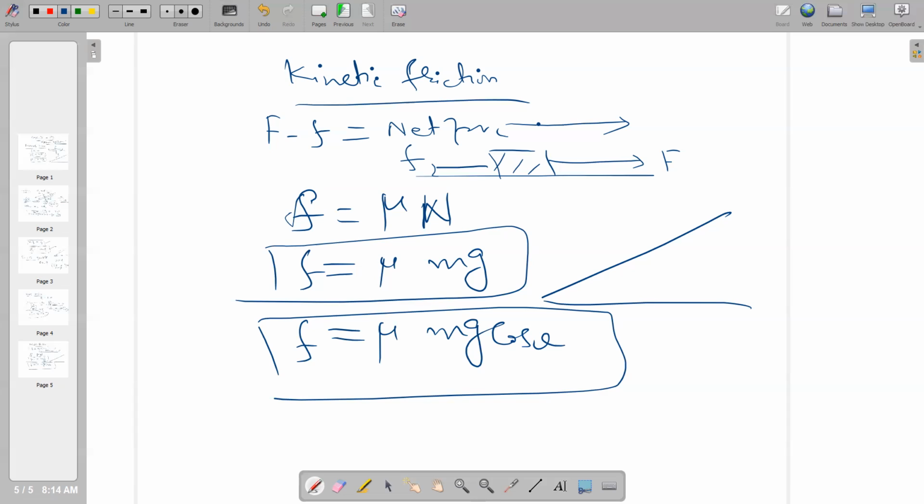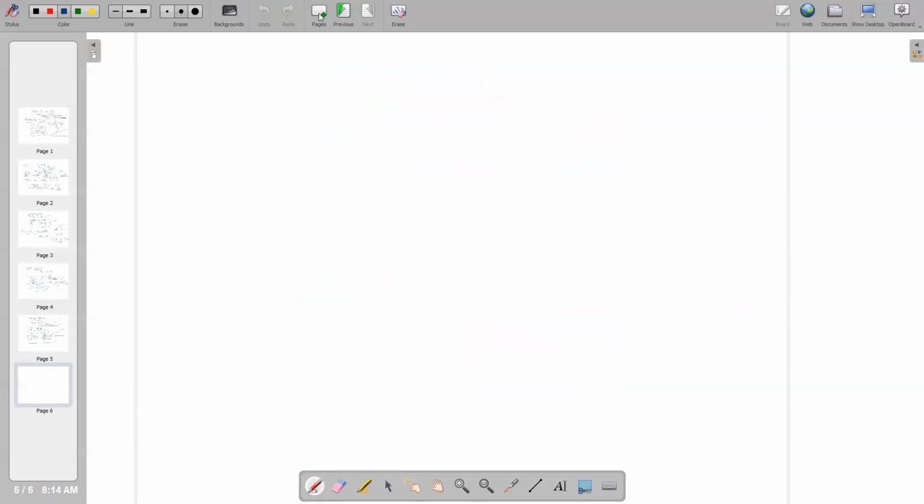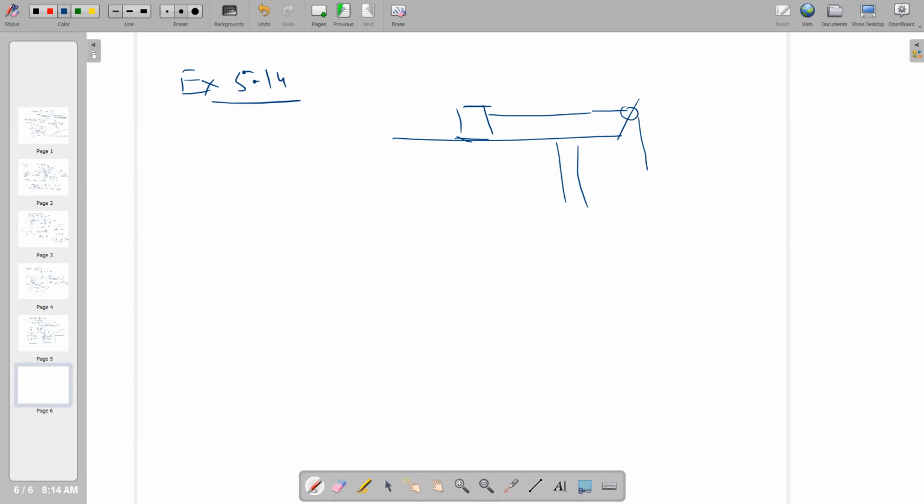Okay. In example number 5.14, you should read this one and solve it. A block is placed on a horizontal table, and this is the block, and it is connected by a pulley, and here is a block, and here is the tension T, and this is mass M2.